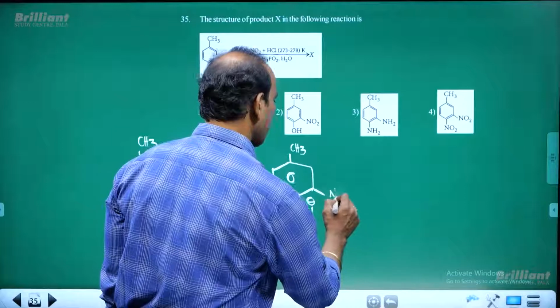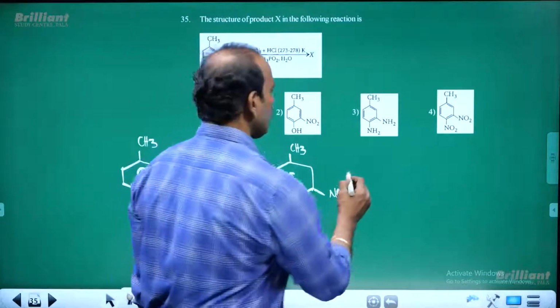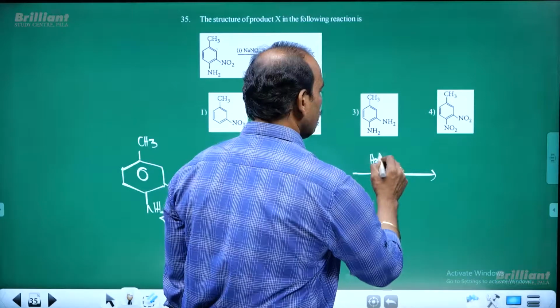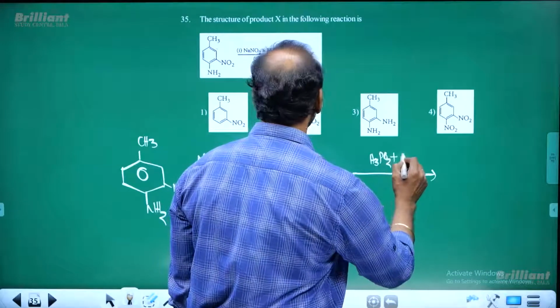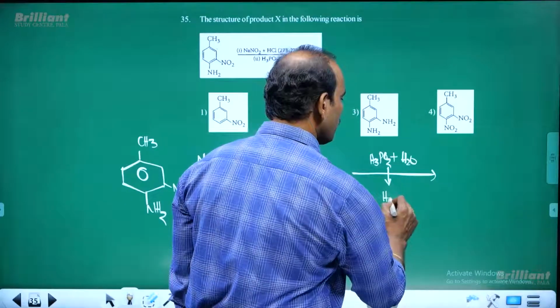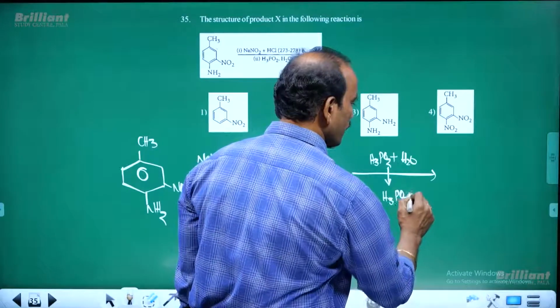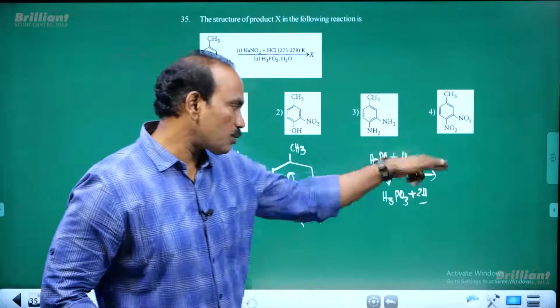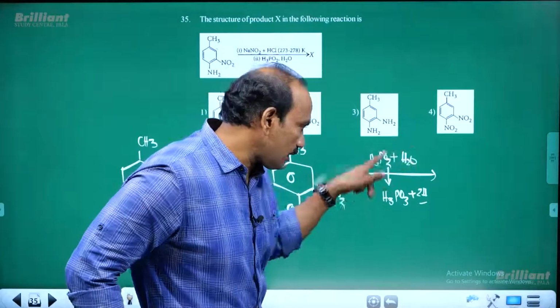This is the same, NO2. Then it reacts with H3PO2 plus H2O. It gives H3PO3 plus 2 hydrogen. Compared to this product, in competitive exams they ask this point.